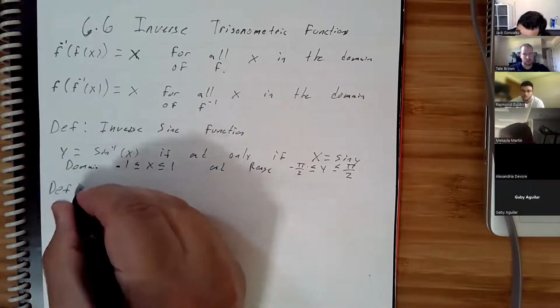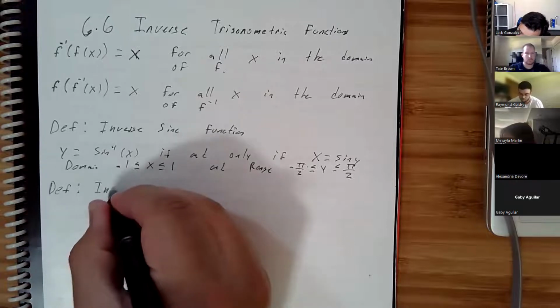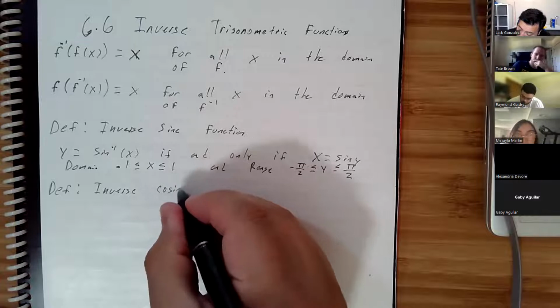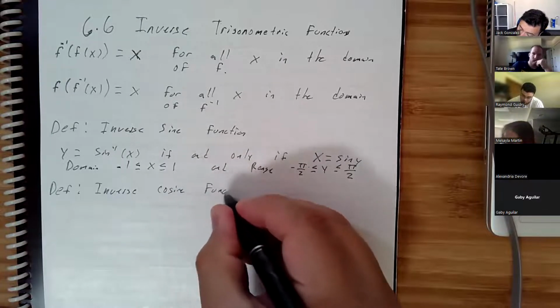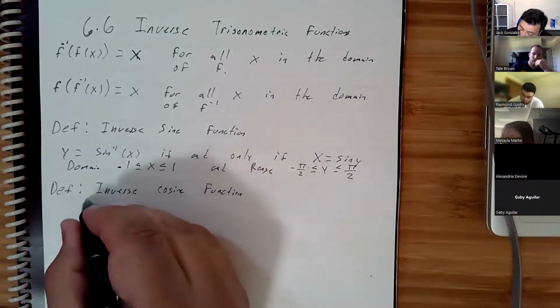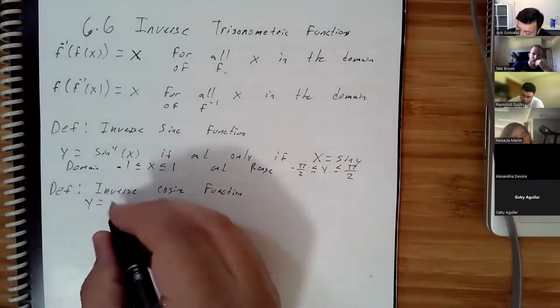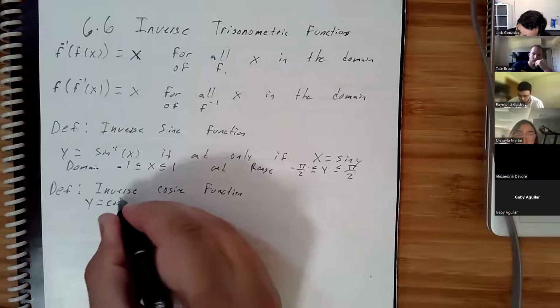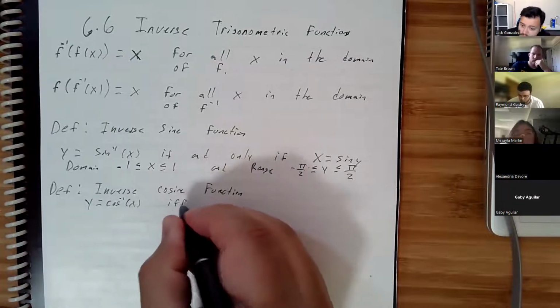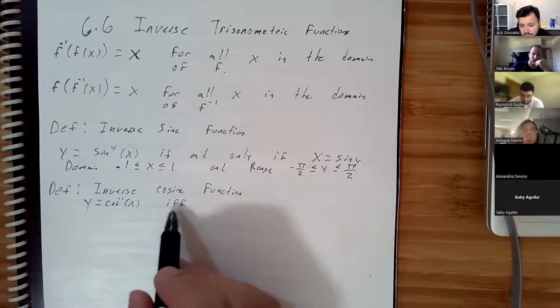Now inverse cosine. We've written it as y equal to cosine inverse of x. I'm going to use IFF because in math we say "if and only if" is represented by this.